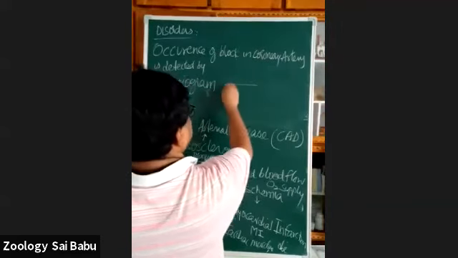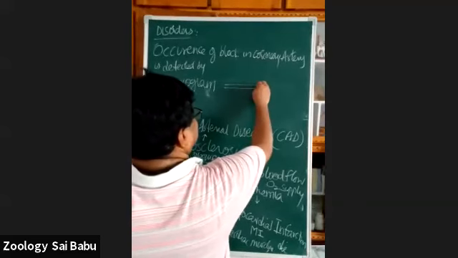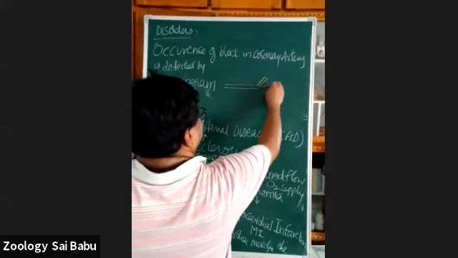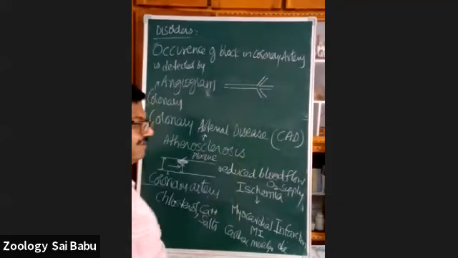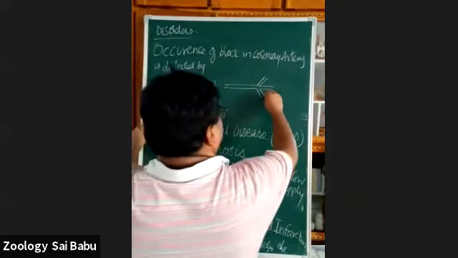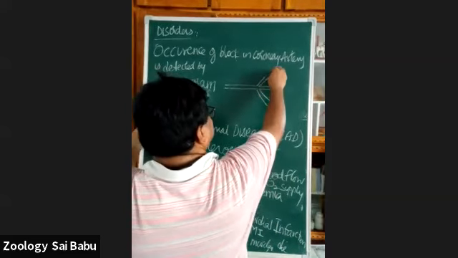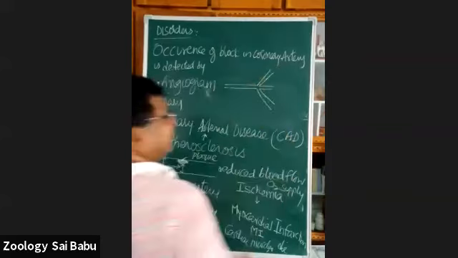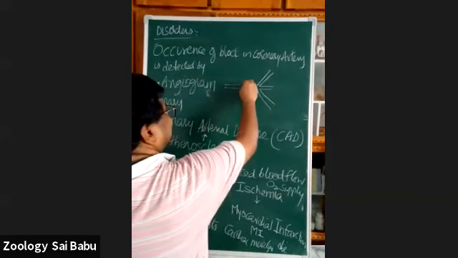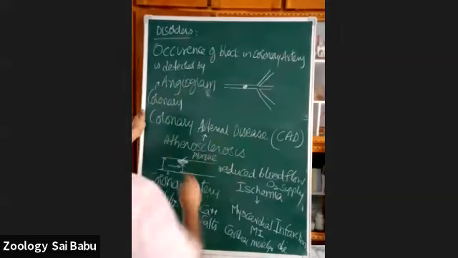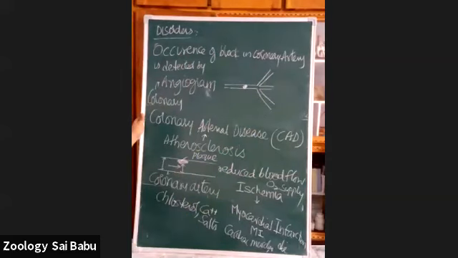Whenever this plaque is identified, let us find out. This is the coronary artery, and these are the branches of it. Now, if this is the block that is occurring, a block has occurred, so the blood supply has been reduced.